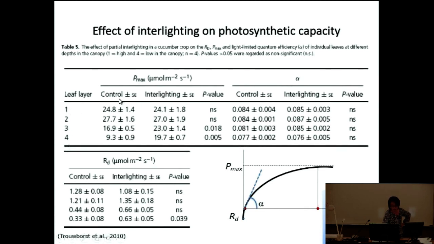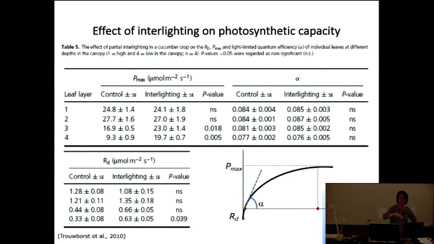And as you can see, P max declines toward the bottom of the canopy because of aging, and also because the lower leaves don't get much light, so it's like a shade plant response. You remember the sunlit leaves and then shade leaves.